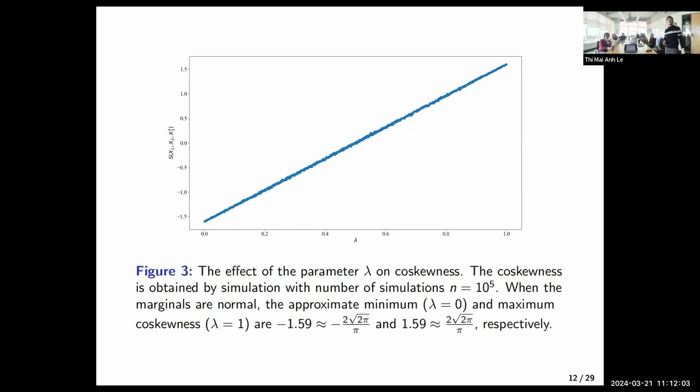When lambda equals 0, the coskewness is minimized, and when lambda equals 1, the coskewness is maximized. And these two values are the theoretical lower and upper bounds of the coskewness for the normal marginal distributions that we proved in our first paper.